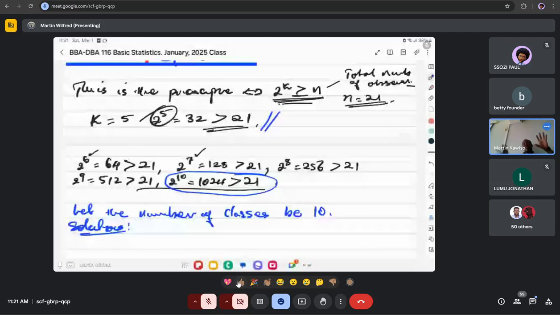Like if you're picking age groups, you'll come up with a scale of how you want to group your ages, isn't it? Okay, into how many groups.